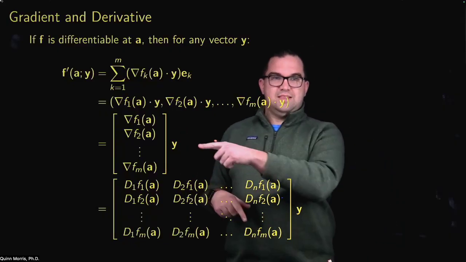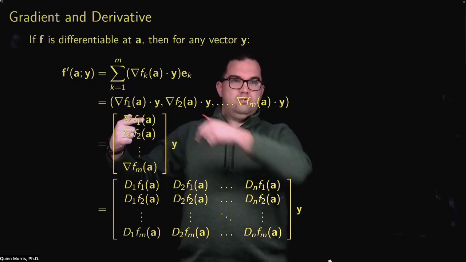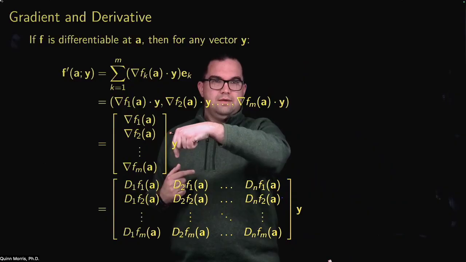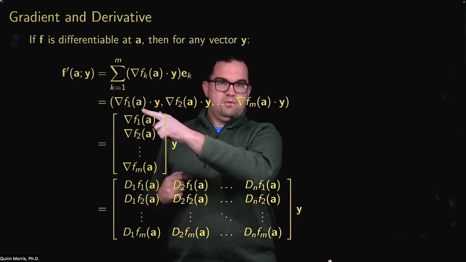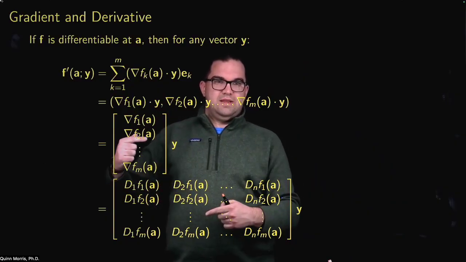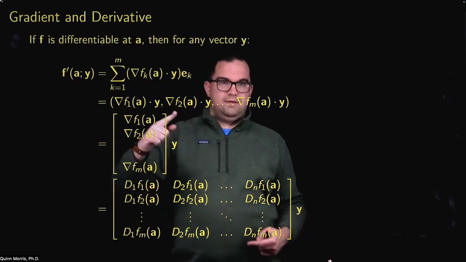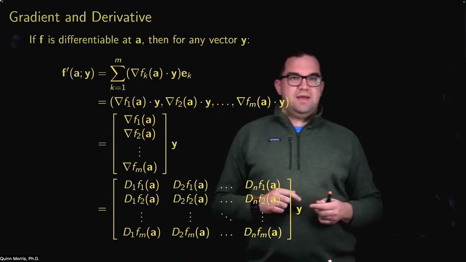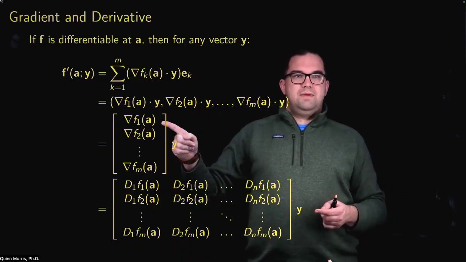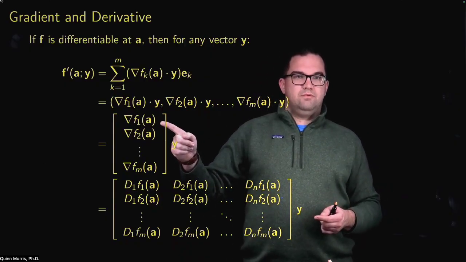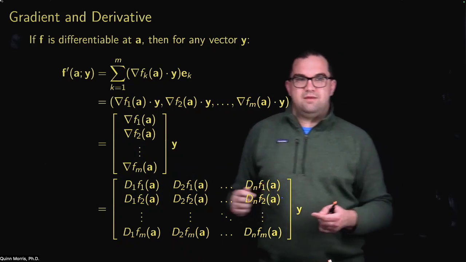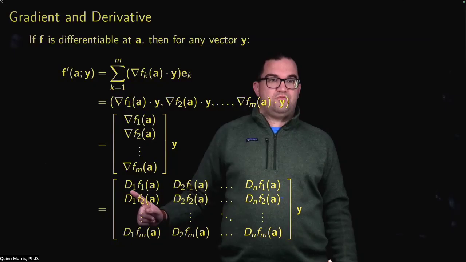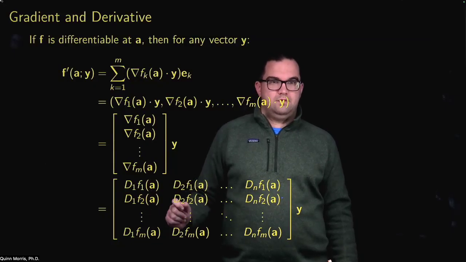And so when I take this product, it's row by column. So it's the gradient of f1 dotted with y. The second entry, which is what I want, would be the gradient of f2 dotted with y. That gives me that. So I'm just taking this and re-expressing it as a matrix multiplication. Well, let me express what this vector is. What is the gradient of f1? The first component is the derivative with respect to the first variable of f1.